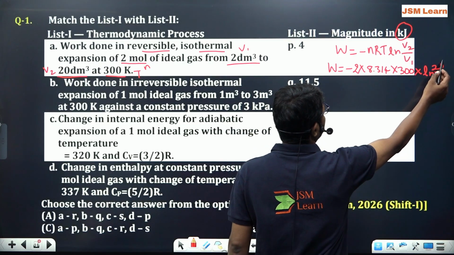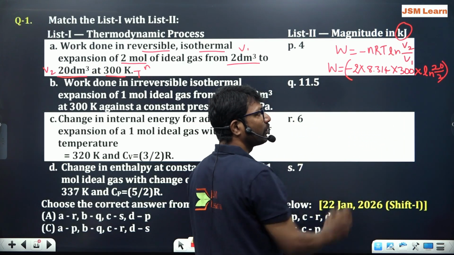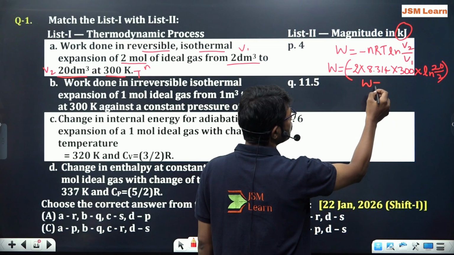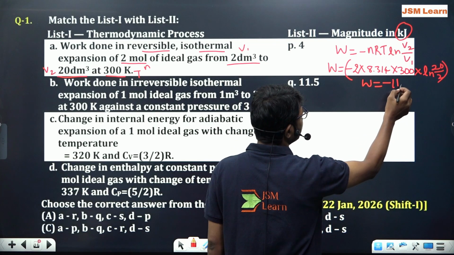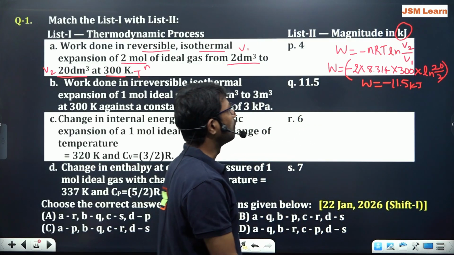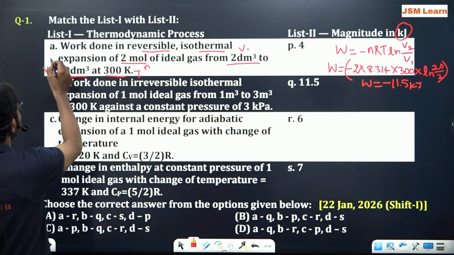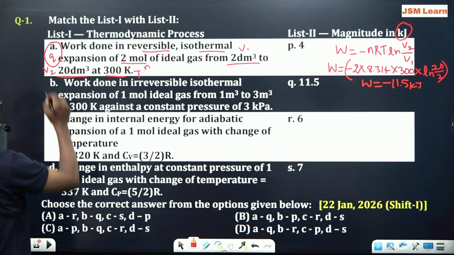On calculation of this whole value, you will get the answer as 11.5 students. On simplification we will get the answer as 11.5 kilojoules per mole. So for A, Q is the correct one.